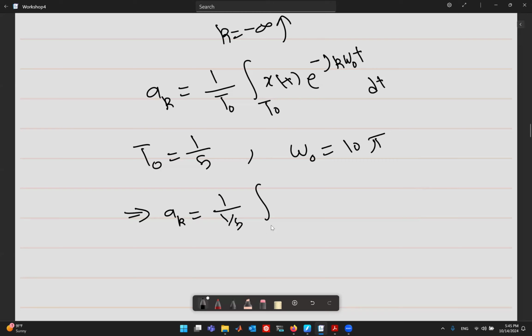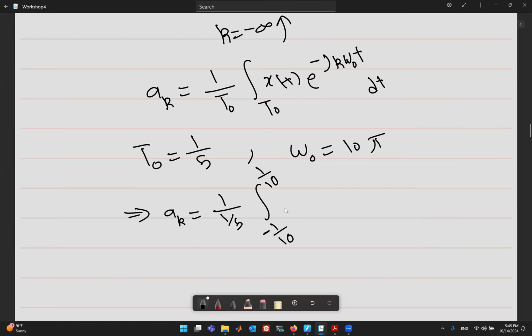It's the same. I'll do it this way, from minus 1/10 to 1/10. So for a duration of just 1 period. The period is 1 divided by 5. We go from minus 1/10 to 1/10, which is just 1 period.